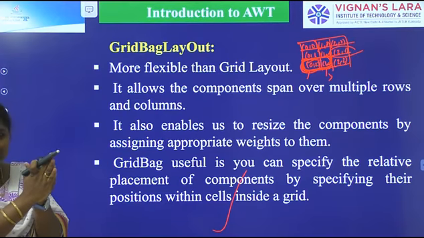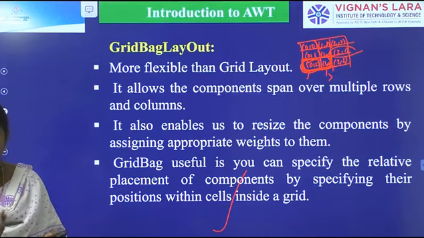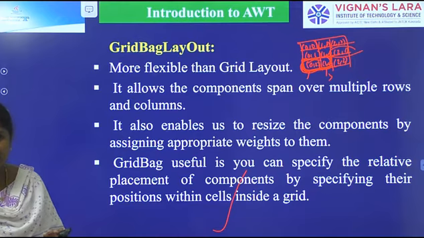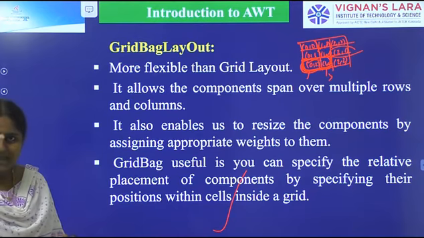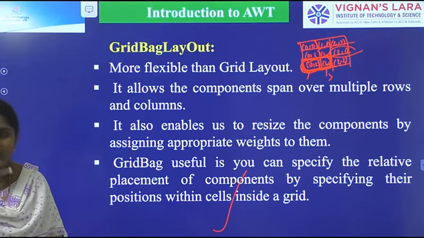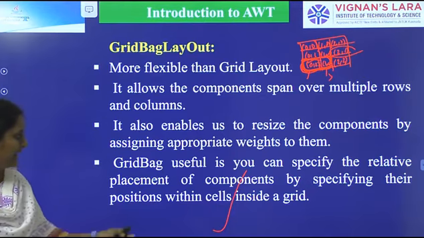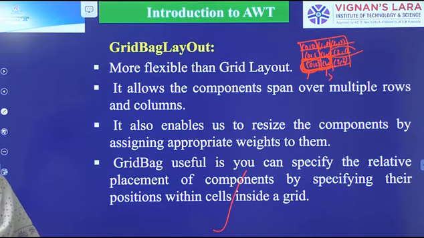There are a number of regions: south, east, north, west, top, bottom, left, right. I want to place a particular component in one particular region, one particular place. So we can place a particular component in a particular cell on a container. Grid bag layout provides this feature also. You can put a particular component in a particular place and particular grid.